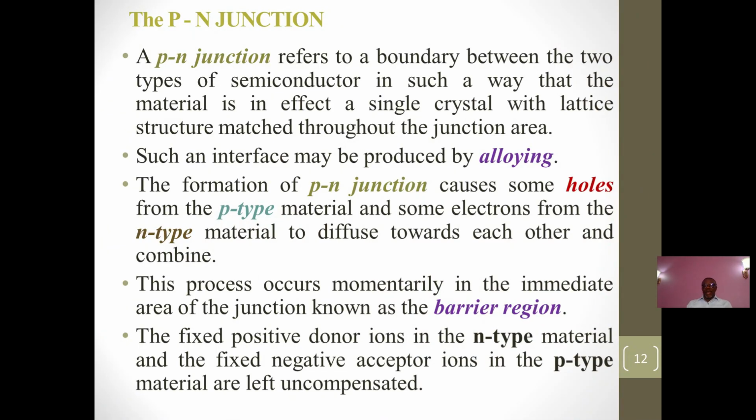Now, when you have these two materials come together, the one that is the N-type that has electrons in excess and the one that has holes in excess are brought together by alloy.